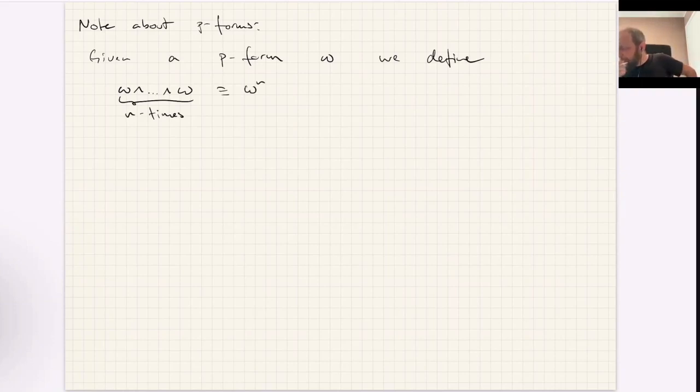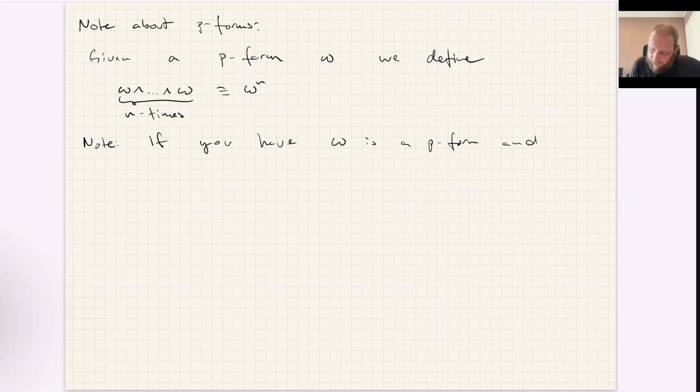Now, you should note here that if omega is a p-form and psi is a q-form, then if you take the wedge between them, you get -1 to the pq of psi wedge omega.